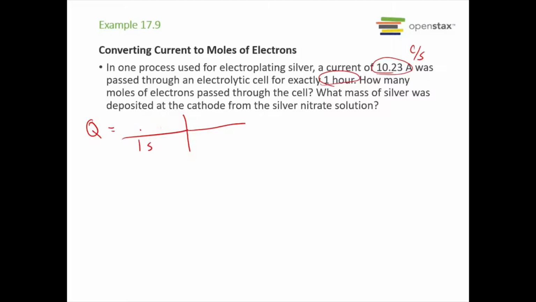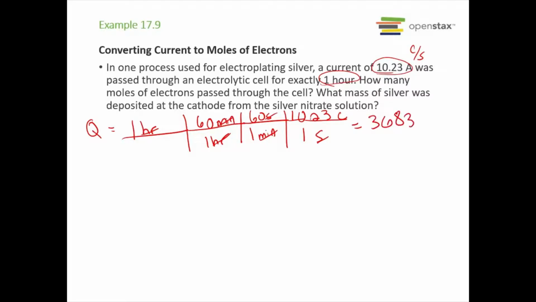Instead of starting with the 10.23, I'm going to start with 1 hour. So we have 1 hour, and we know that there are 60 minutes for every 1 hour. And then we have 60 seconds for every 1 minute. So now we've changed to seconds, and then we know that we have 10.23 coulombs for every 1 second. So then this tells us that there were 36,830 coulombs.